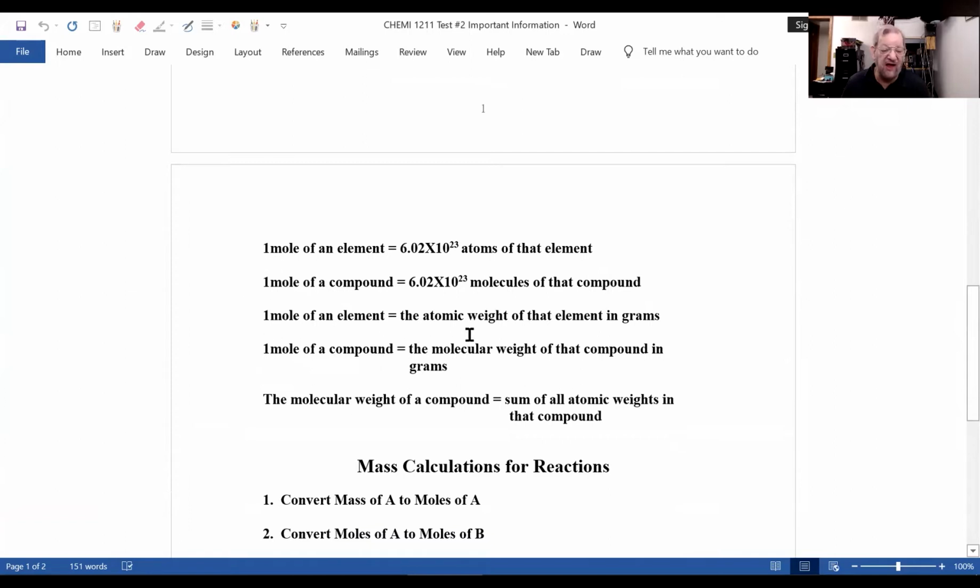In the past, I asked students to memorize this. Now, I learned about 1.5 years ago, it's almost 2 years now, it's better for me just to test your chemistry knowledge, not how good your memory is under pressure. And you should know how to use, and we're going to go through this, 1 mole of an element equals Avogadro's number of atoms of that element.